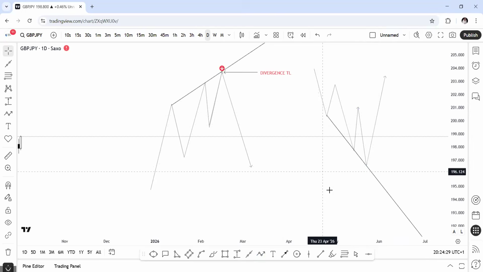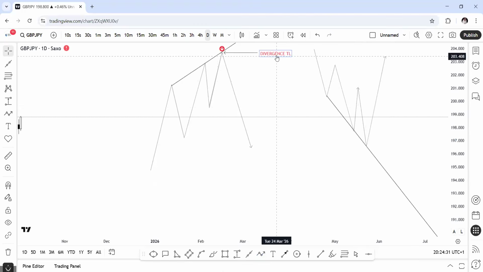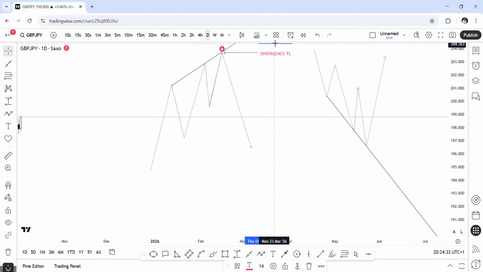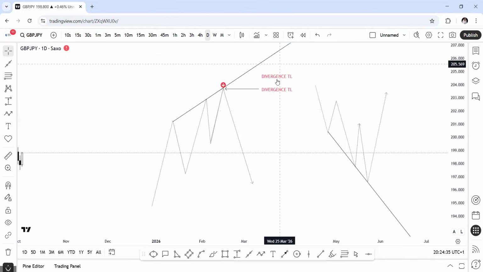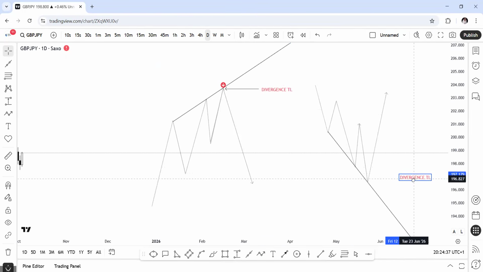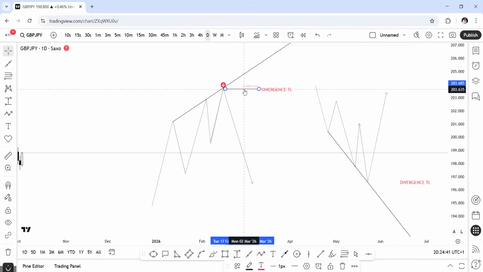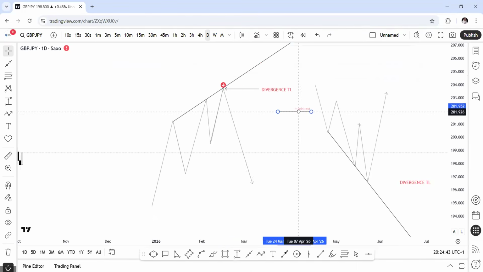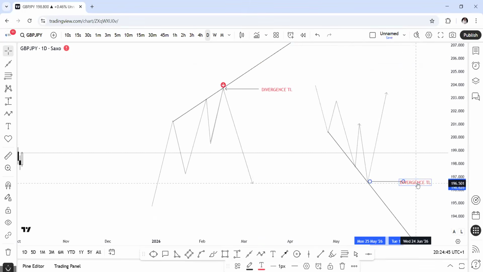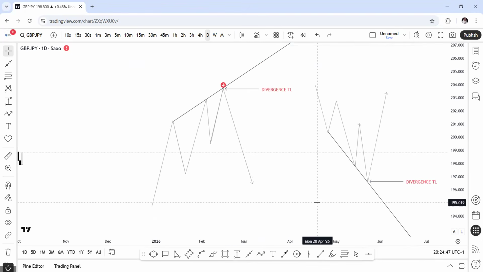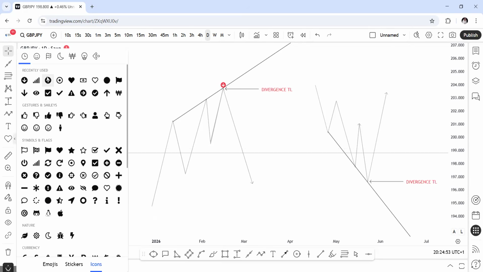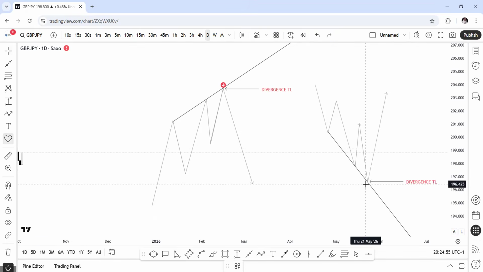So here we have the price action and the trend line diverging away from each other. This is the exact action for buying into the divergence area.